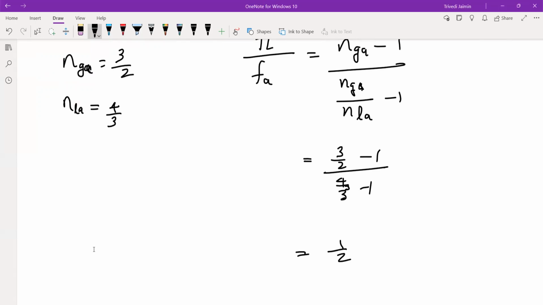One by two. LA is this one, so 3/4. The 3 will cancel, so 1/8 minus 1.